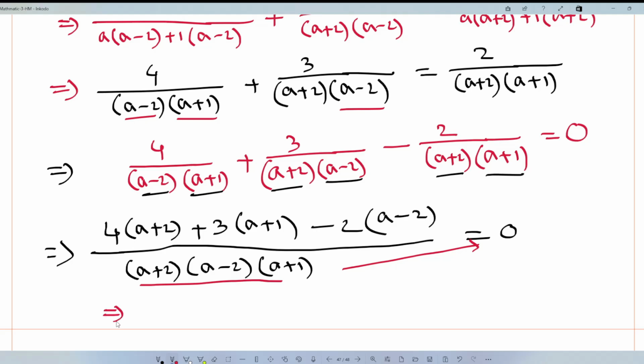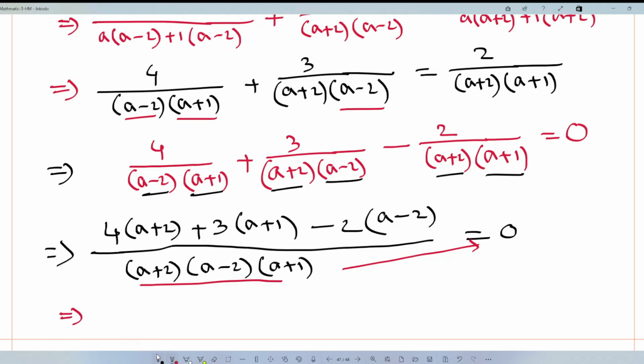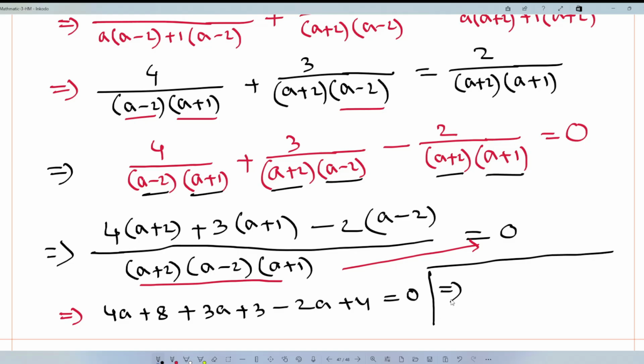So here, we can write what? 4a plus 8 plus 3a plus 3 minus 2a plus 4 equal 0. So here is what? 4a plus 3a minus 2a.